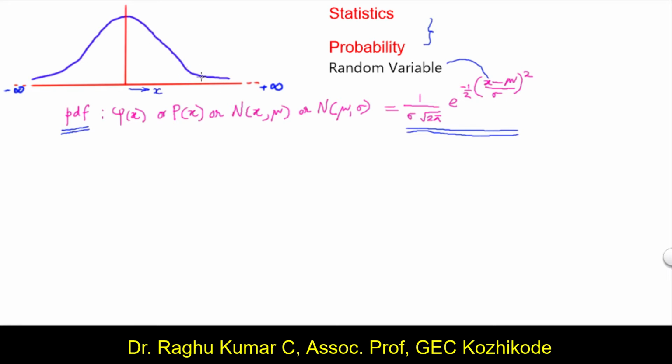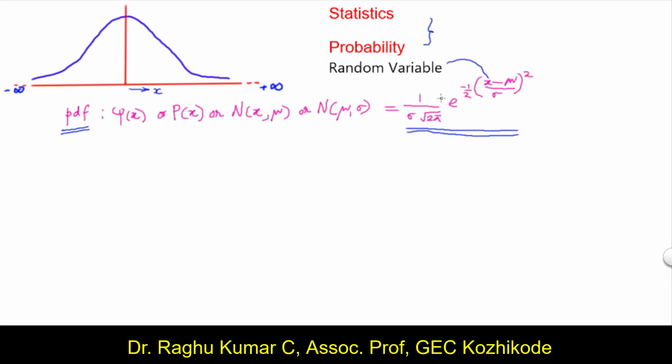So in order to force this area of bell curve into 1, this multiplier is used. And also you know that this bell curve is extending from minus infinity to plus infinity. So that is all about the p.d.f of normal distribution.